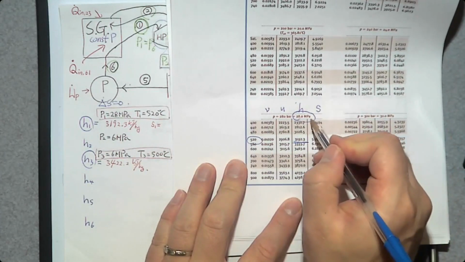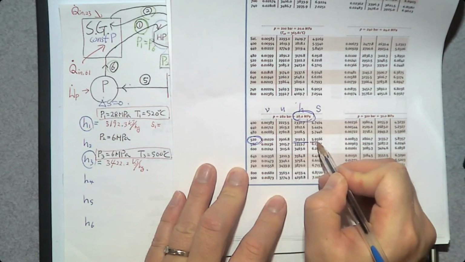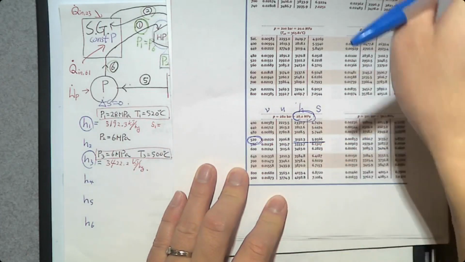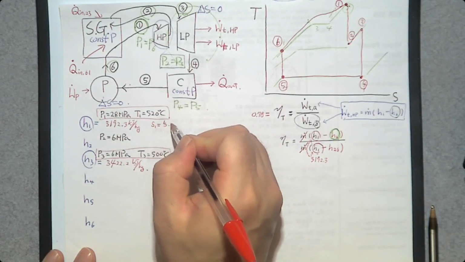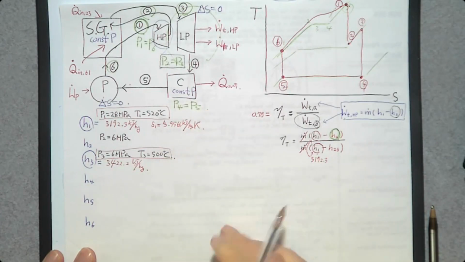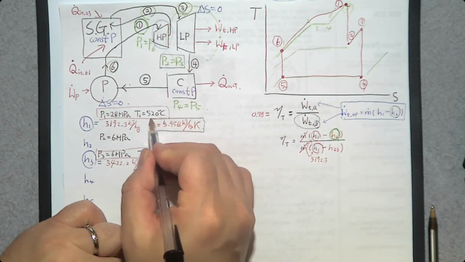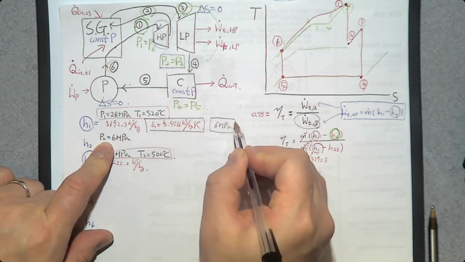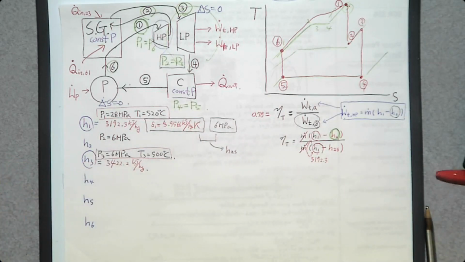So we have 28 megapascal, 520 degrees Celsius, and the specific entropy value is going to be this one, 5.9566 kilojoule per kilogram Kelvin. Now, we can use this S1 and this pressure, 6 megapascal, and from these two, we can find H2S. Okay?